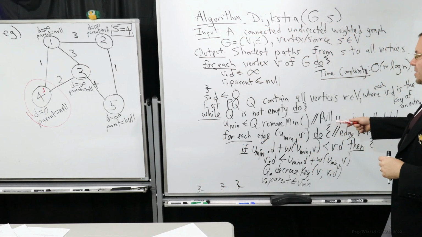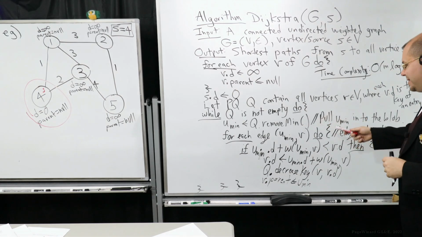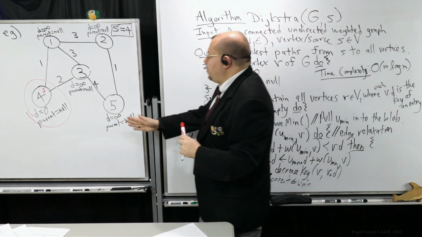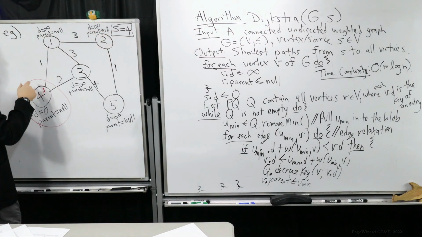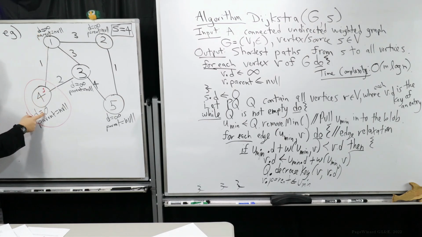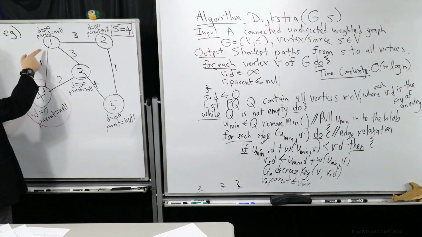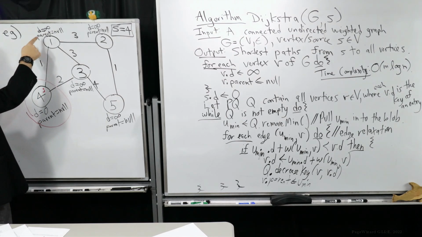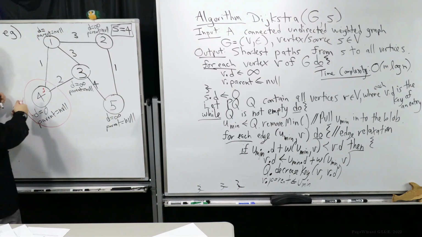So we've done that. Now we have to go through all of our incident edges on 4. We have to check this edge and this edge. We see that if I take 0 plus the weight of this edge, which is 1, that is less than infinity. So I can update this. I'm going to relax this edge.